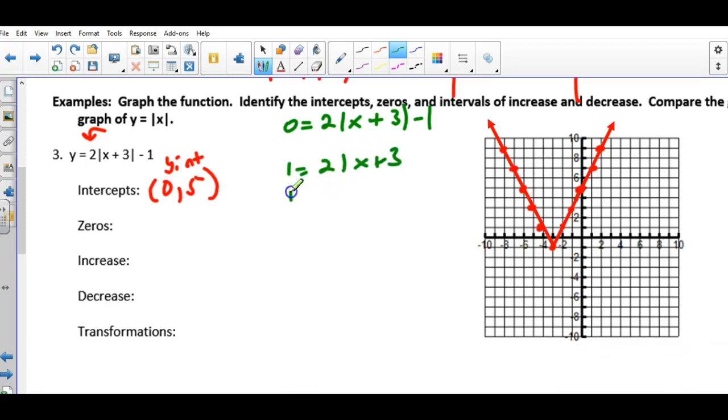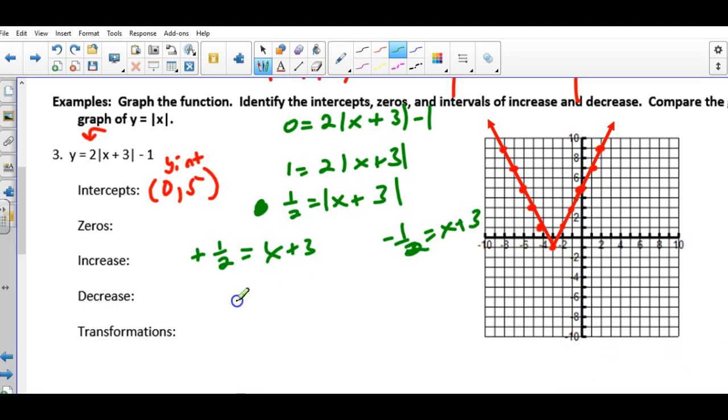Divide by 2, so you have 1/2 = the absolute value of x plus 3. Then we have a positive element of this same equation, and you have a negative element.